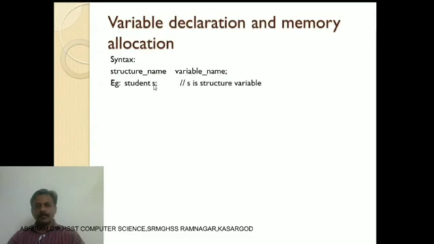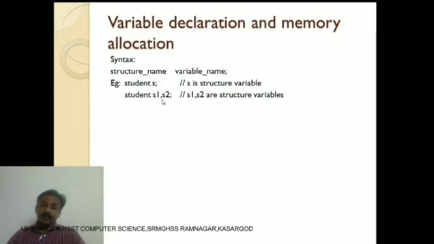Example, student S. Here S is the structure variable of type student. Student S1, S2. Here S1 and S2 are structure variables of type student. We can create any number of structure variables like this. This is one method for the variable declaration.